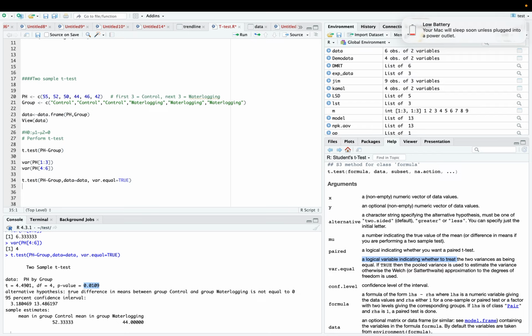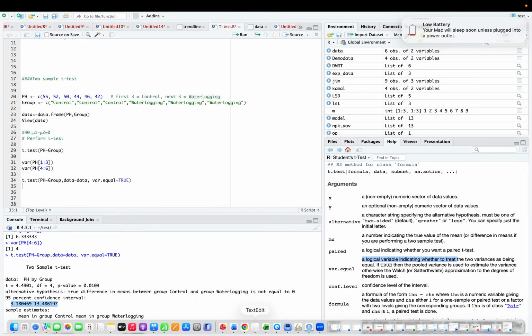The alternative hypothesis is that there must be some difference, so the difference is not 0. The confidence interval is 3.18 to 13, the difference between the plant height means of control and waterlogging. This is not 0, so it is significant at the 5% level.